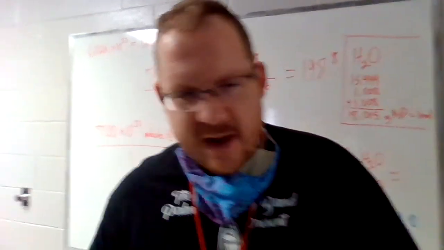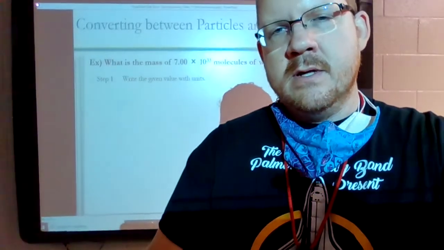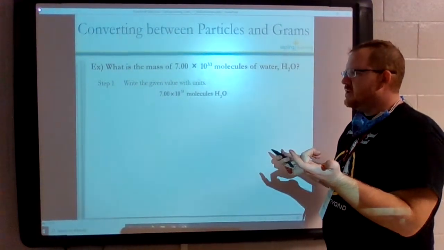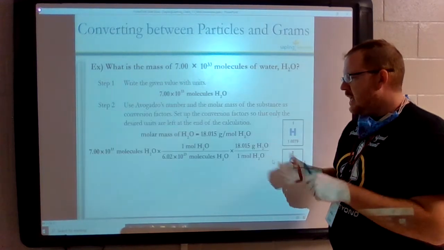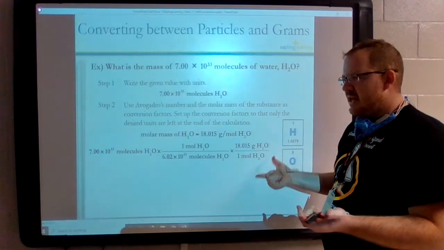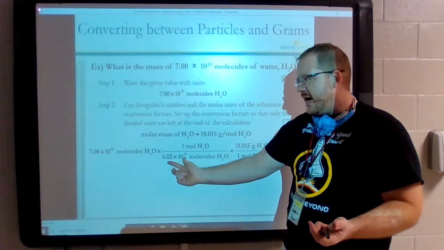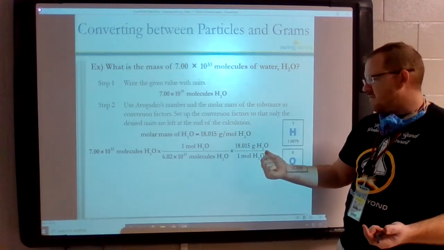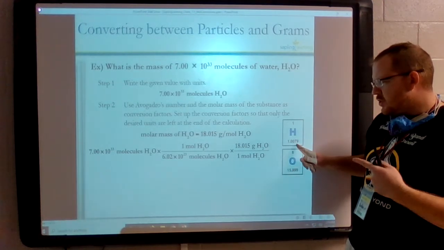Let's make sure I got this right, because it's complicated math. So let's take a look. We start off with our 7.00 times 10 to the 33. We set up our conversion factors. They have the exact same conversion factors that I had. They start with their starting number, dividing by Avogadro's number and then multiplying by the molar mass for water, H2O, which they had to add up: 1 oxygen, 2 hydrogens.